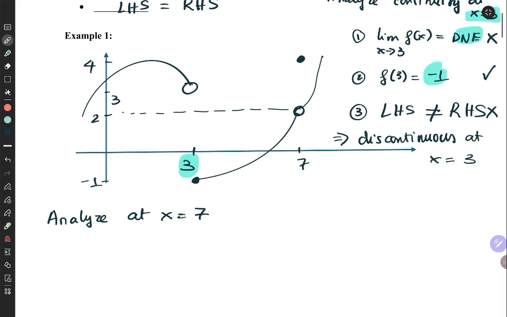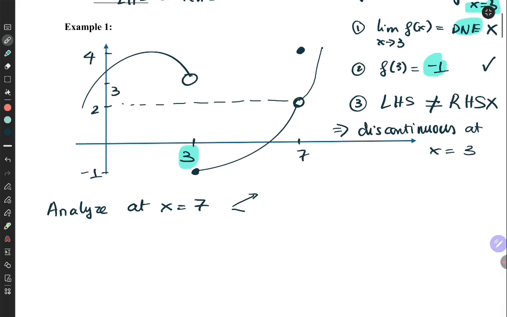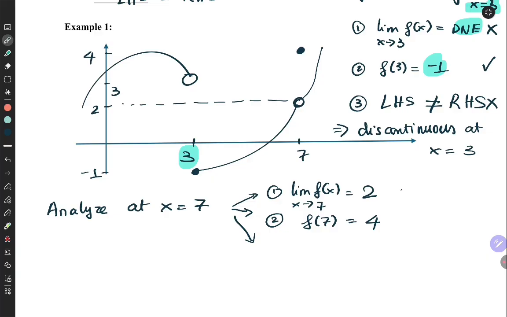Okay. So I need 3 things. First, how much? 2. Second, how much? 4. Okay, so this check, defined, that means you're able to have an answer.